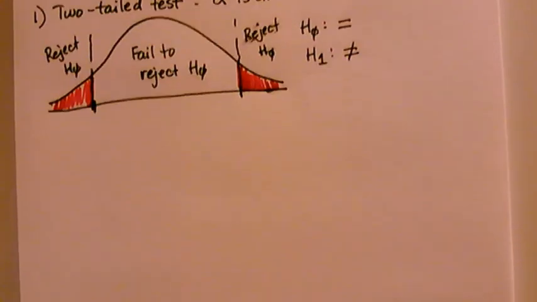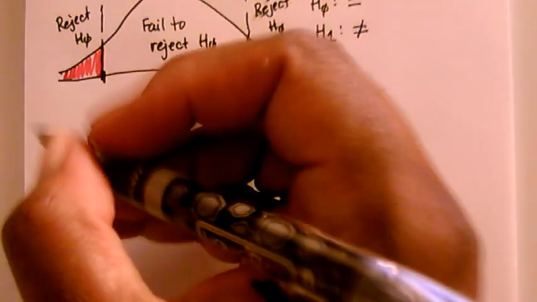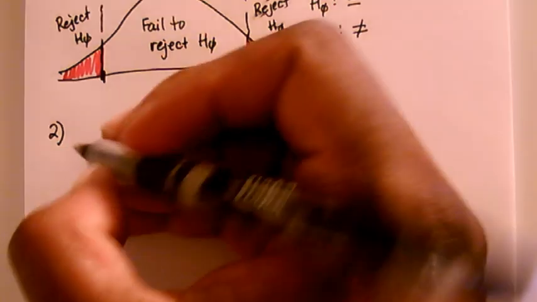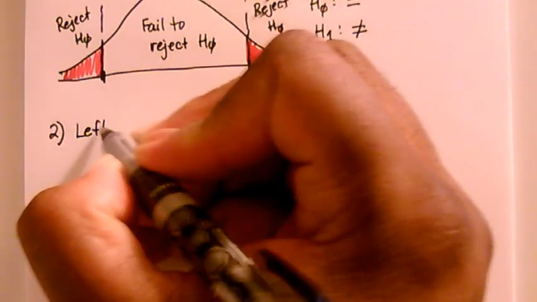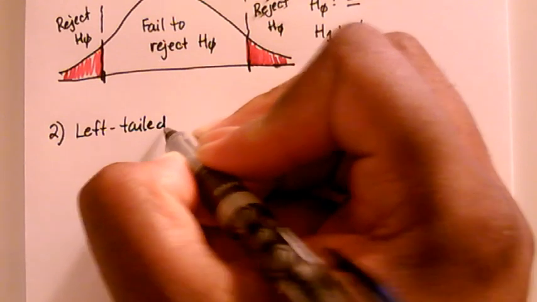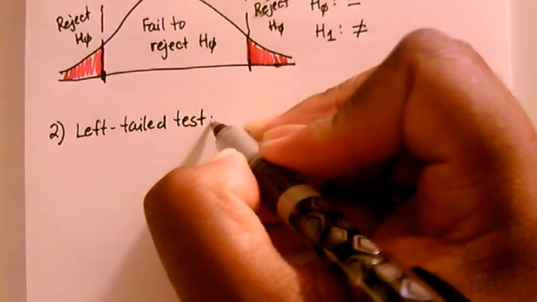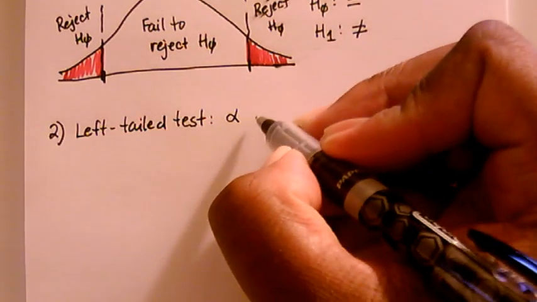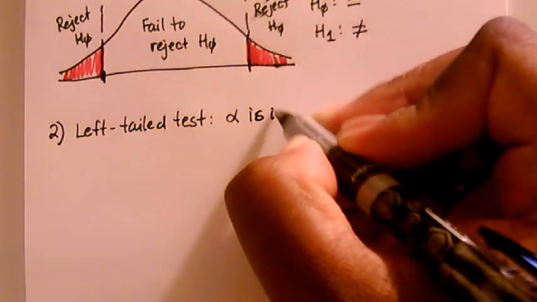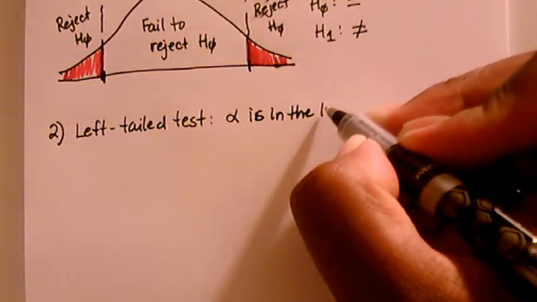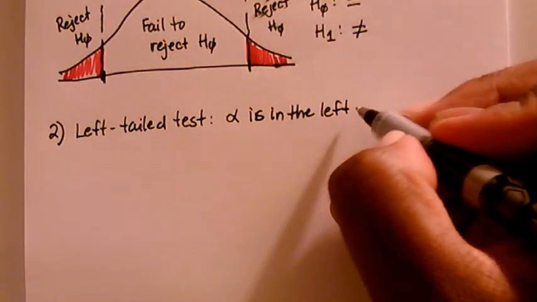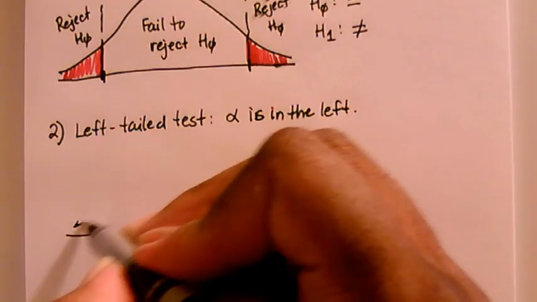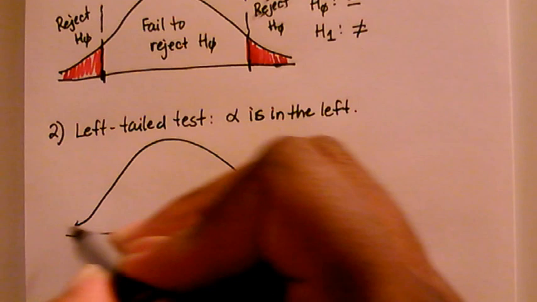Okay, the second type is a left-tailed test. So number 2, we have a left-tailed test. And in the left-tailed test, the alpha level is in the left tail. Your entire alpha level is going to be in the left tail. So if I draw my normal curve, it looks like this.